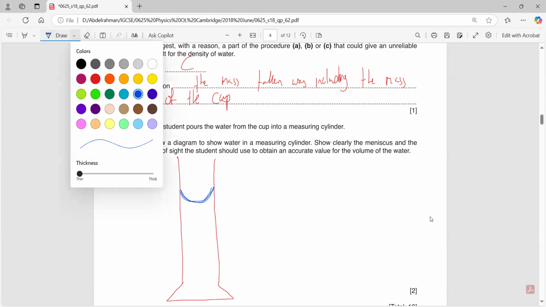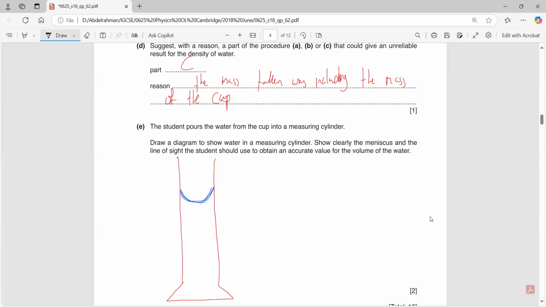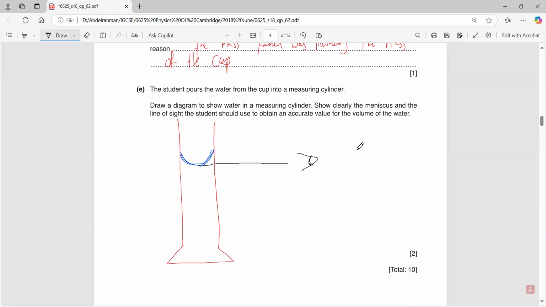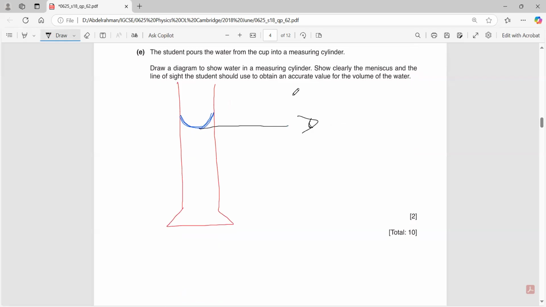You need to take the reading from the bottom of the meniscus, and you need to take the reading perpendicularly. Using a ruler, draw a straight line with an eye to show the line of sight from the bottom of the meniscus. This is the level of the water.